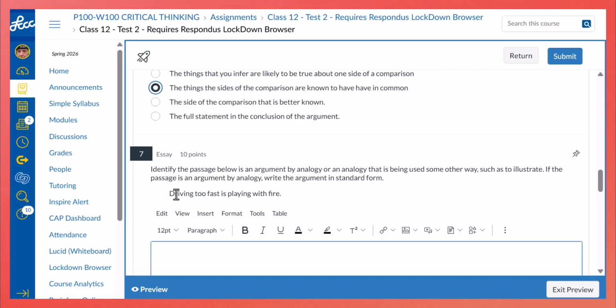So, driving too fast is playing with fire. This is just an analogy used to illustrate. There's no argument here. It's just one statement. So we can write: our analogy used to illustrate.